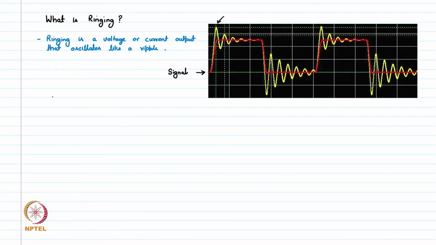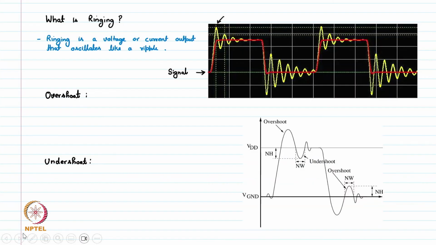Next is the overshoot and undershoot. So let's say we send a signal which is a pulse wave, and the desired output is shown by this blue curve.